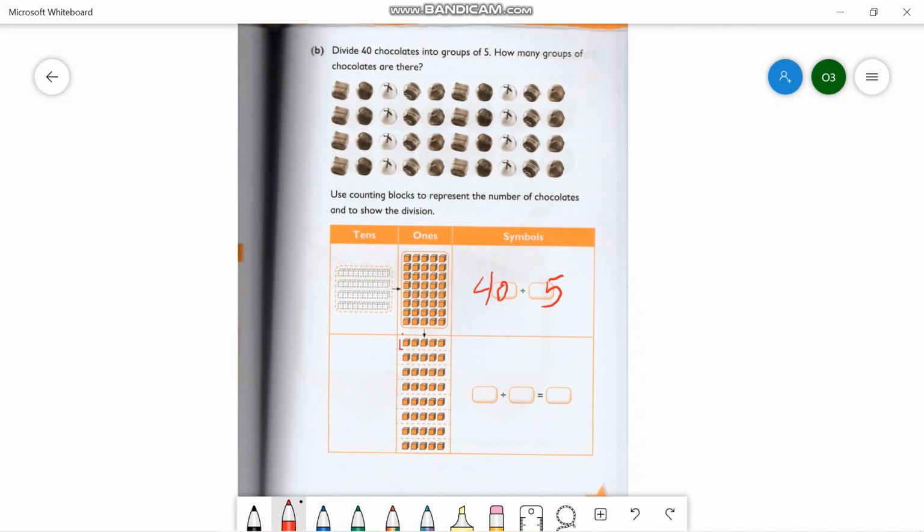It's already grouped here, so it will be easier for you to find the answer. Sorry, my lines are not straight. Okay, so how many groups are there? How many groups did you make? So you have to write it here.